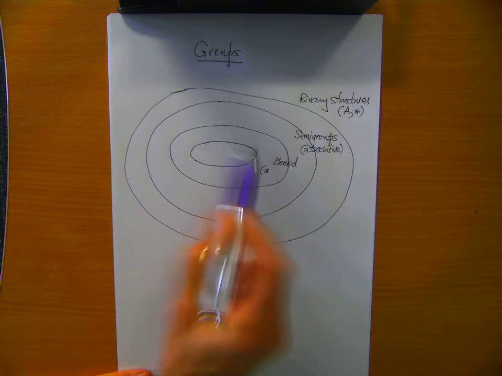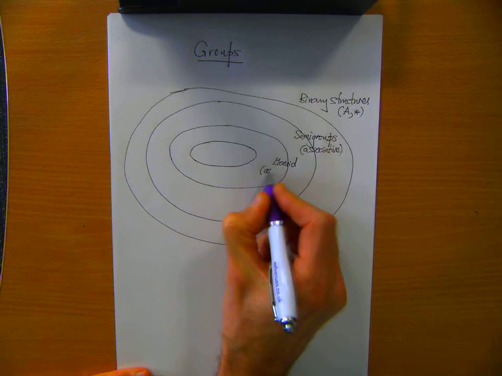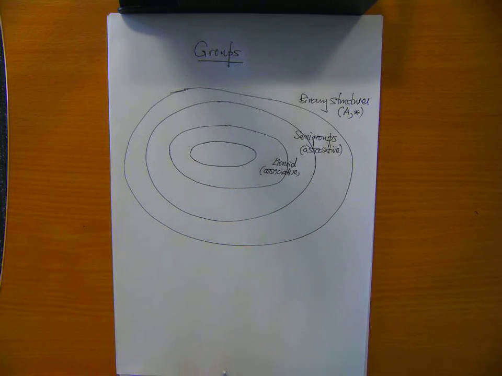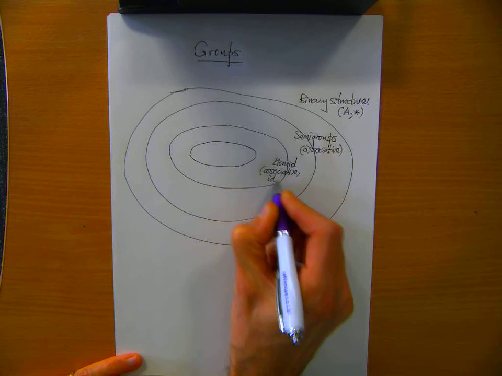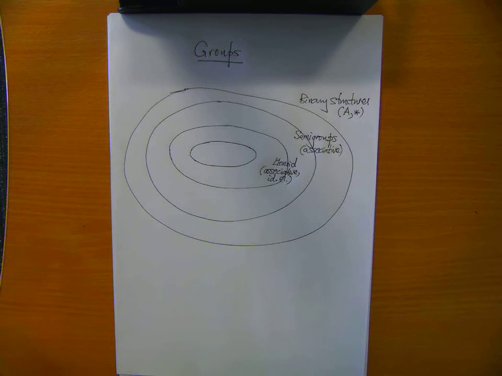Monoids are special kinds of semigroups, so we're not throwing away the associativity, because we want associativity, but we also want an identity element. So a monoid is a set with a binary operation that is associative and has an identity element. And again, most of the examples that we discussed last week did have an identity element. So in the integers with addition, we've got the identity element 0.